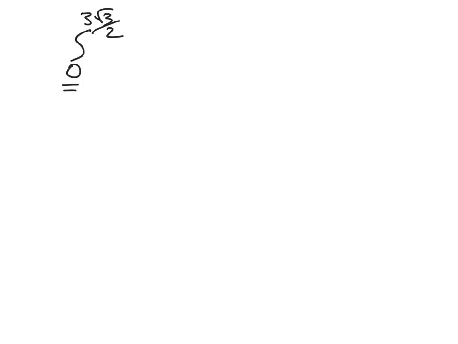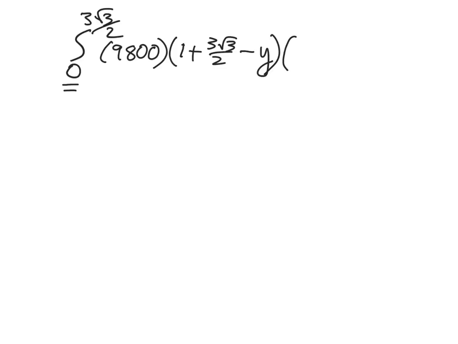Okay. Then W is our 9800. The H, the depth that we calculated, we said 1 plus 3 square root of 3 over 2 minus y. Okay. And then area, length times width.